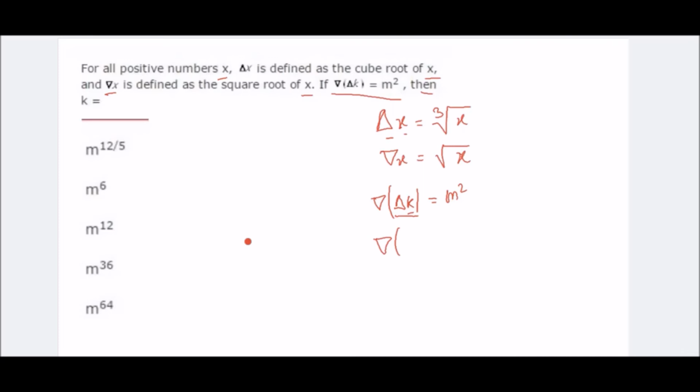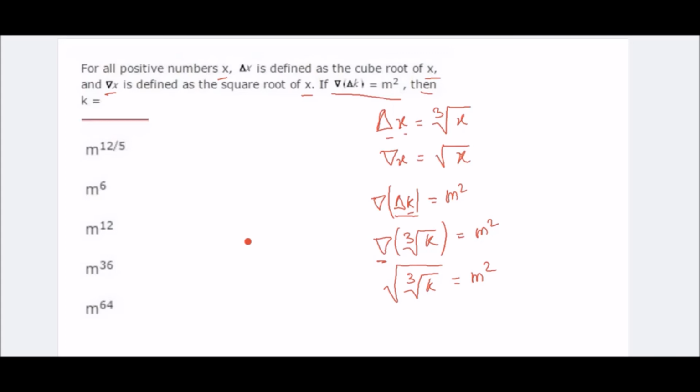Given delta x equal to cube root of x, that will become cube root of k equal to m square. Then see here, that will make square root of cube root of k is equal to m square.